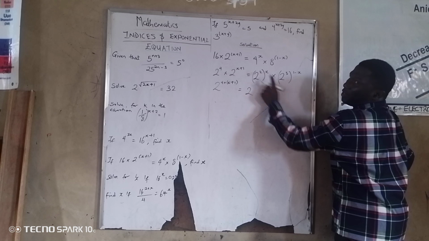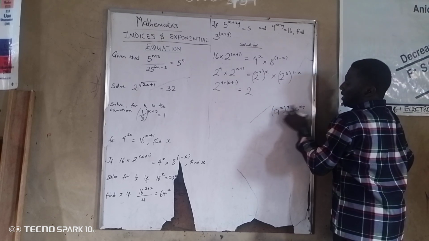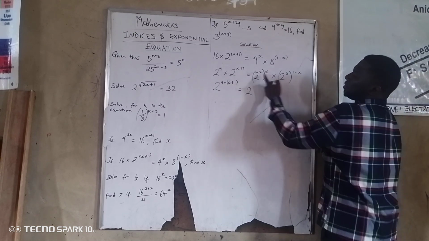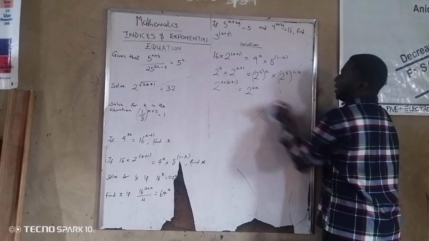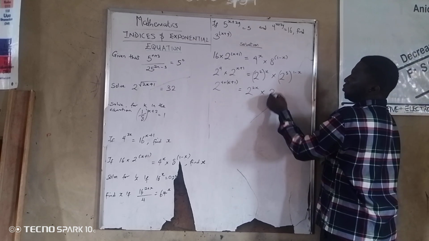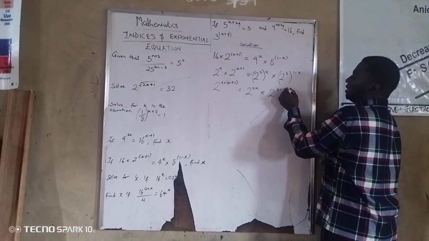From that law I gave the other time, a to the power x, to the power y, is a to the power xy. That's multiplying the powers. So we multiply these two powers also. 2 times x here will give us 2x. Is it clear? We multiply the powers here. So 3 times 1, 3. 3 times minus x, minus 3x.